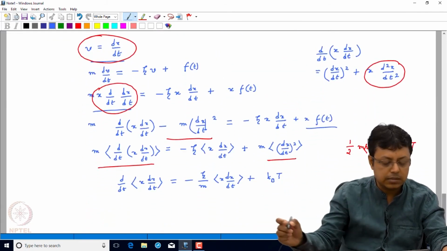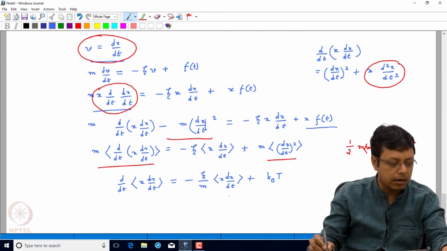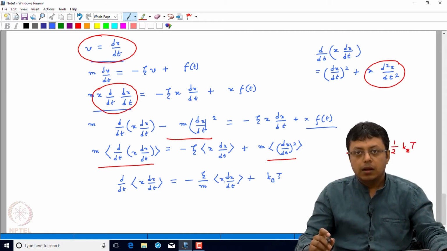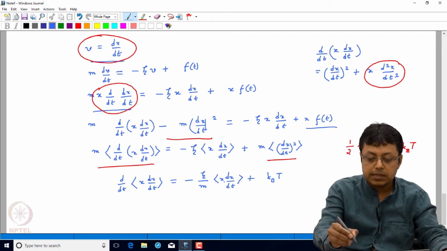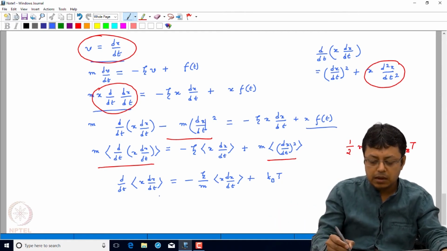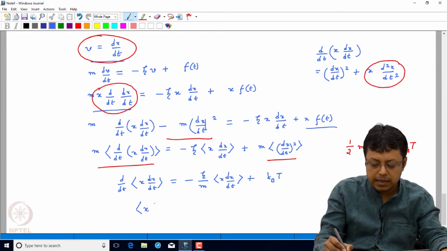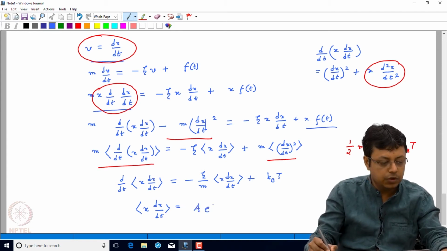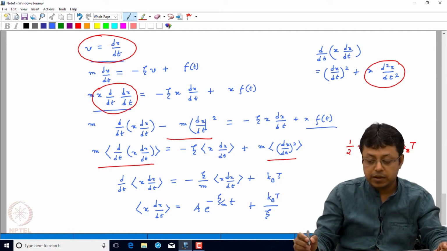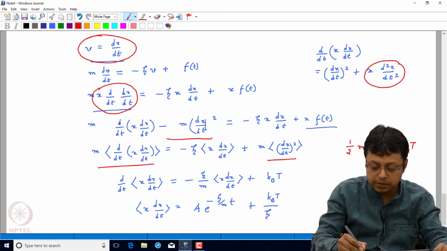Now we can integrate this equation because, as you can see here, it's a time derivative of some quantity, x into dx/dt, equal to some constant times that quantity plus k_B T. If you write the solution, the average of x into dx/dt is nothing but a times e to the power minus zeta by m into t, plus k_B T by zeta.